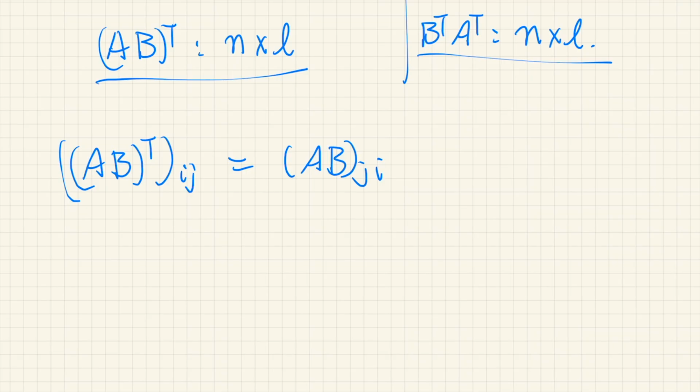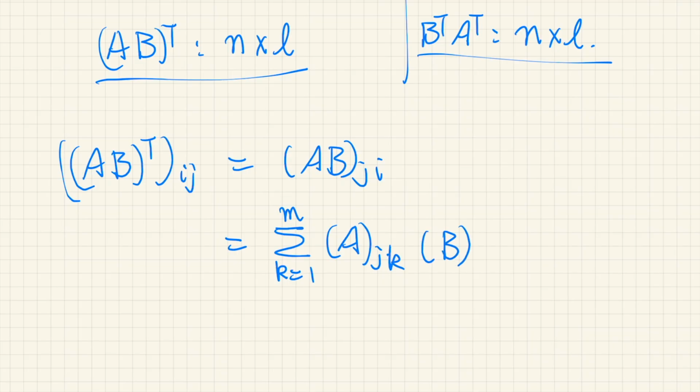And by the definition of matrix multiplication, this is equal to the sum over k from 1 to M of a jk times b ki.